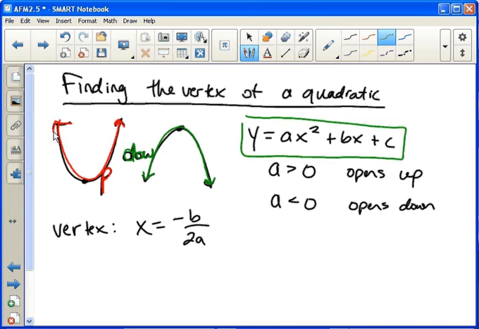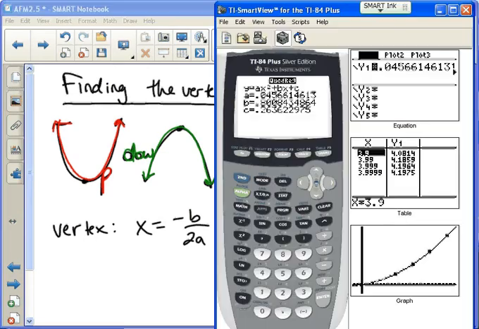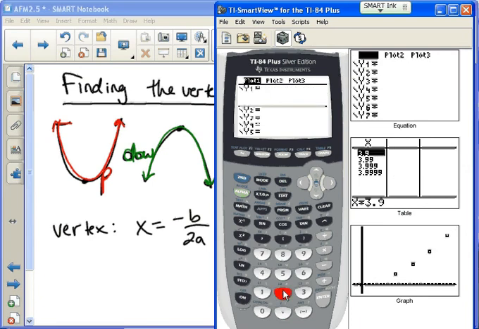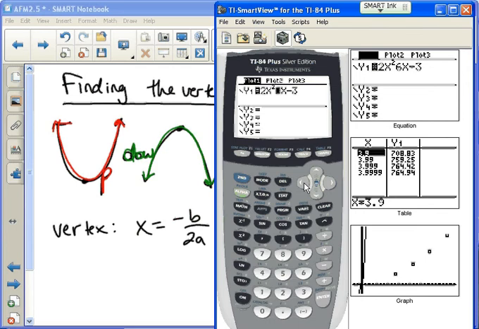For example, I'll put some in the calculator for us to look at. Let's say we have 2x squared minus 6x minus 3. There's my equation.